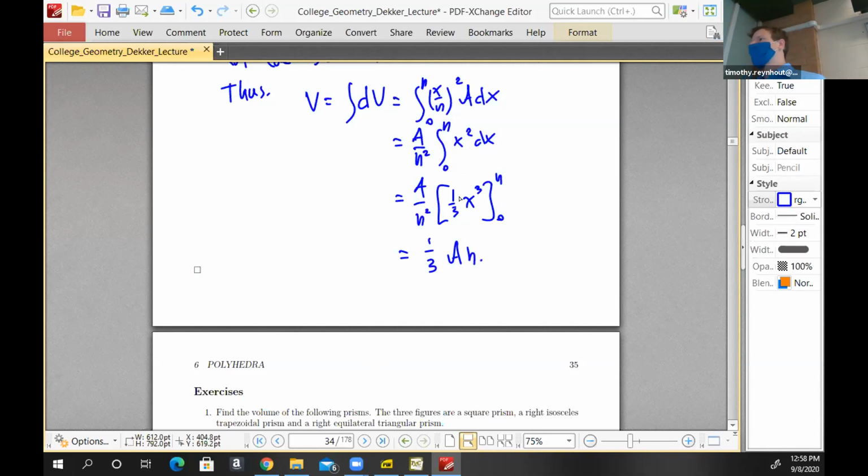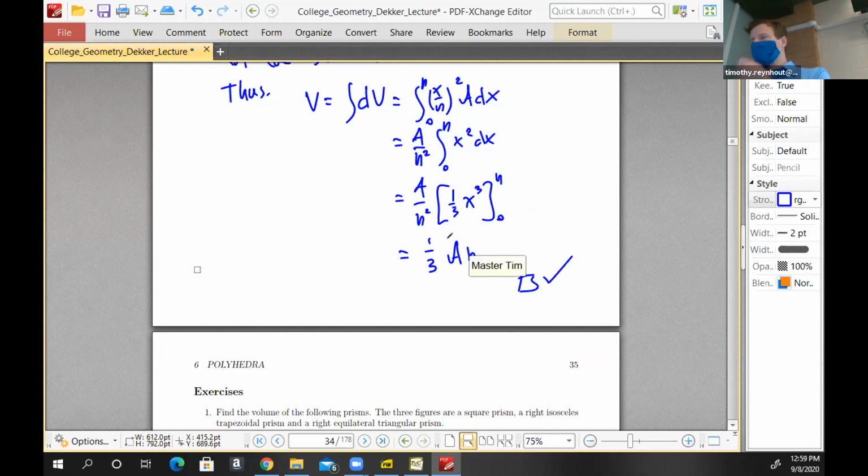When I plug in the h, I would end up with 1/3 h cubed. The h's would cancel, and you'd have A times 1/3 h. When you plug in 0, you'd have 0. And that's the end of the proof, right? We found the volume to be as was suggested, 1/3 area of the base times the height.